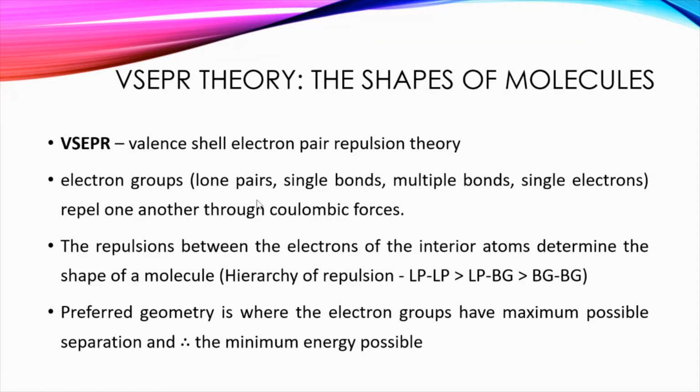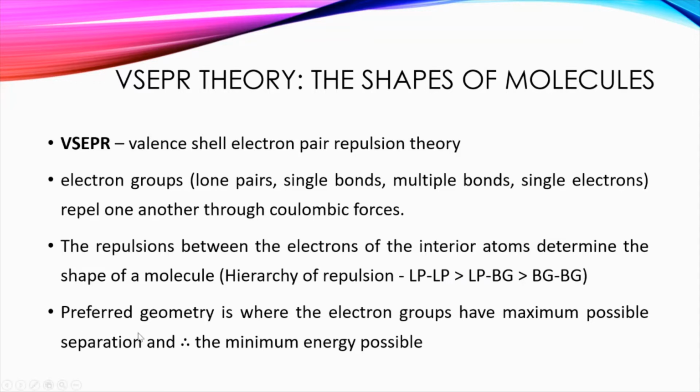So if 4 electron groups are present, they have repulsion. And there is a hierarchy of repulsion. Lone pairs repel the most, okay? Lone pairs and bonding groups next, and then the lowest repulsion is between bonding groups and bonding groups. That means bonds will repel each other less than lone pairs and bonds, but lone pairs and lone pairs will have the most repulsion inside the molecule itself, okay?